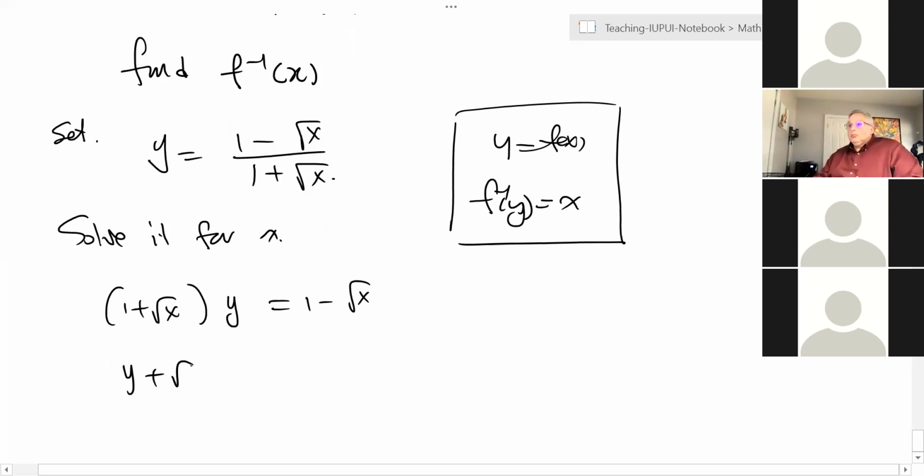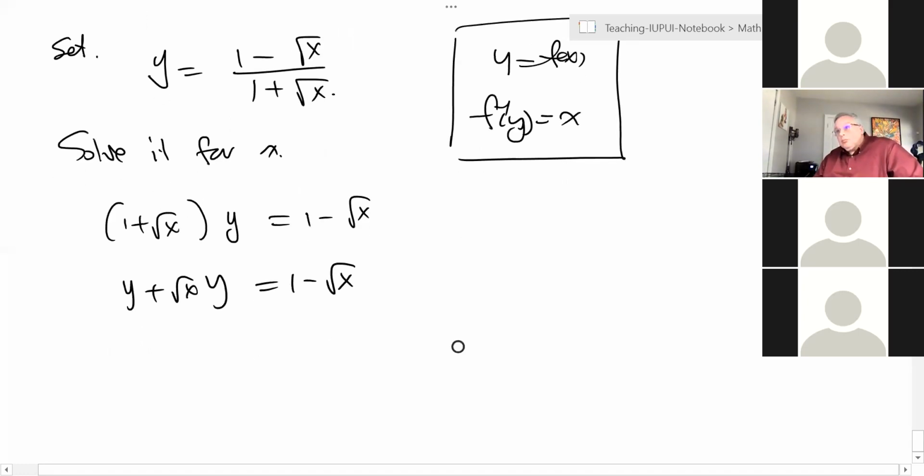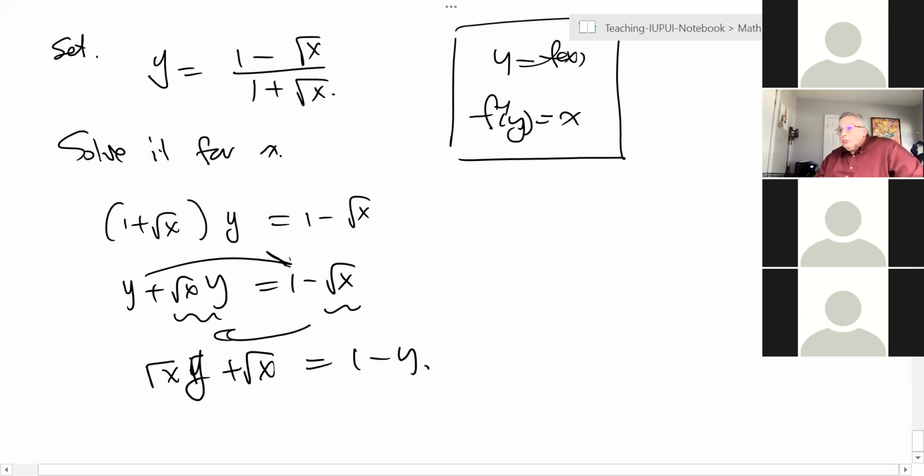So we get y plus √x y equals 1 minus √x. This one contains x, this one contains x, they should be put together. And the other one is 1 minus y, so we want to move this to the left-hand side.